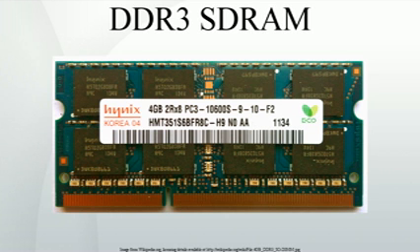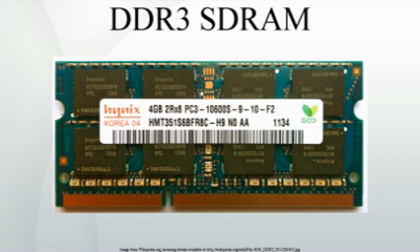Latencies. While the typical latencies for a JEDEC DDR2 device were 5-5-5-15, some standard latencies for JEDEC DDR3 devices include 7-7-7-20 for DDR3-1066 and 8-8-8-24 for DDR3-1333.